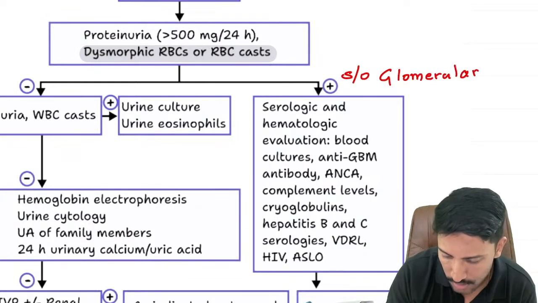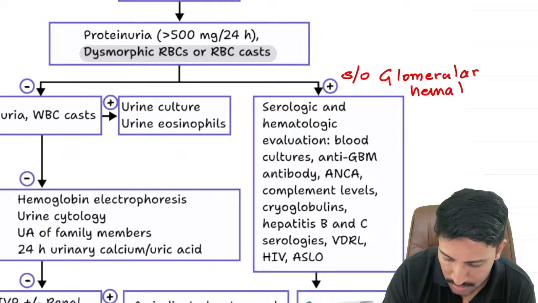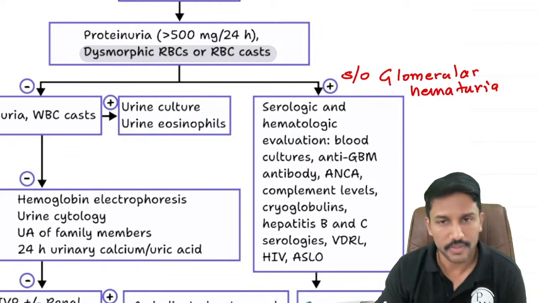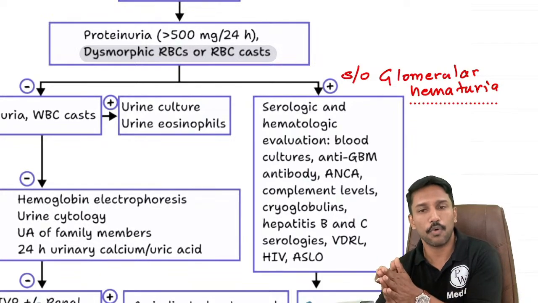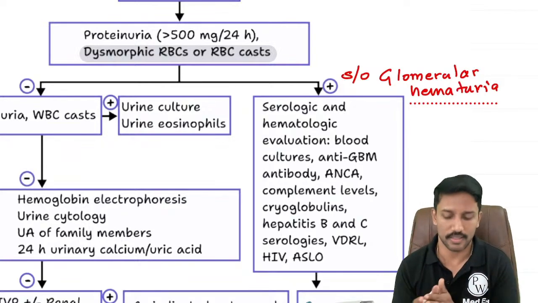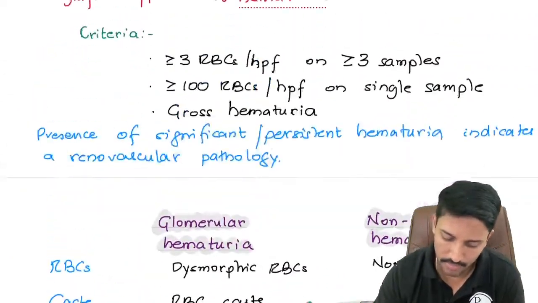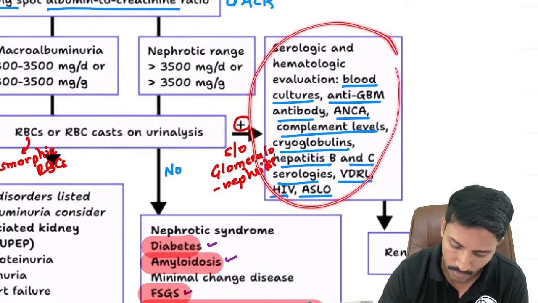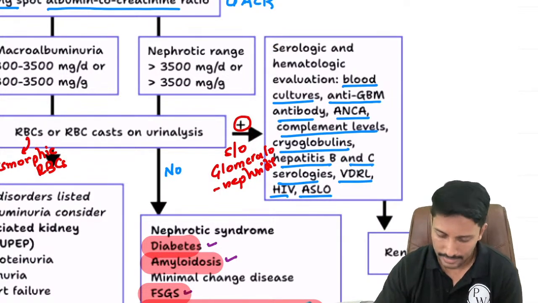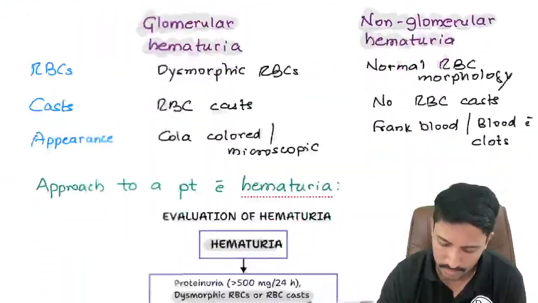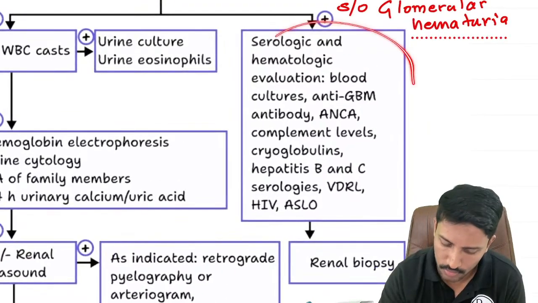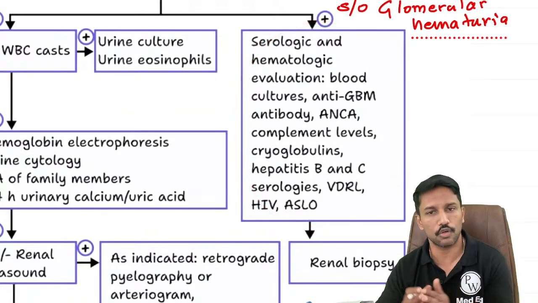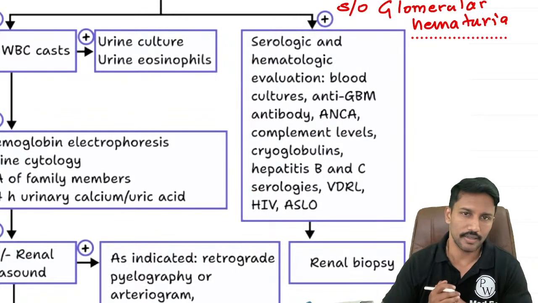There is injury to the glomeruli, and that's why the patient is having hematuria. We now need to investigate the causes of glomerulonephritis, right? The same table we have put in the approach to proteinuria, you can copy here, because now we are thinking of glomerular disorders. Whatever tests we need to do for diagnosing glomerular disorders, we will go ahead and do.